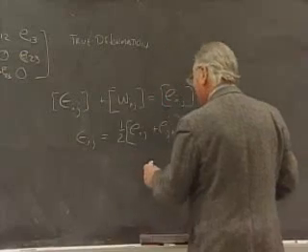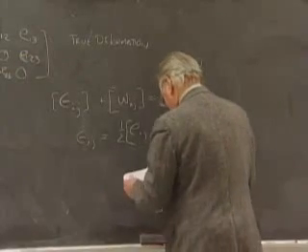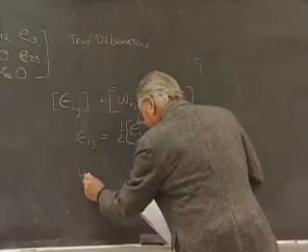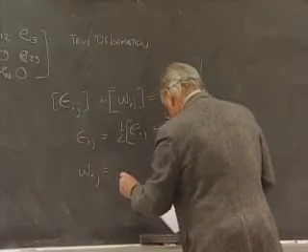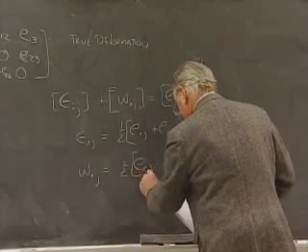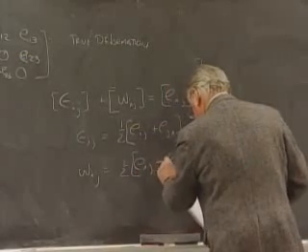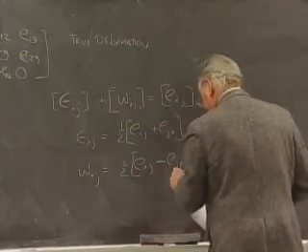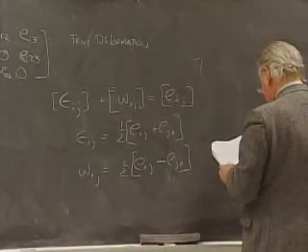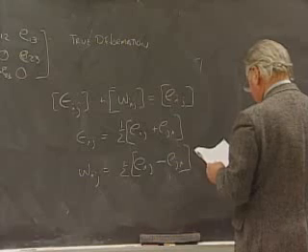And I'm going to define the terms omega ij as 1/2 of Eij minus Eji. And if I do that, the resulting tensor will be symmetric.